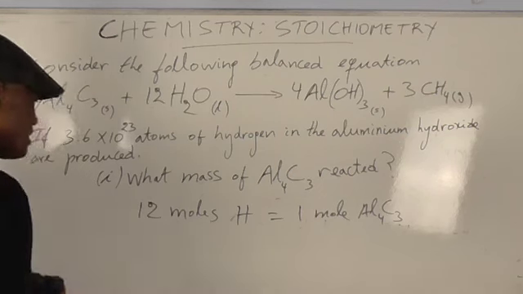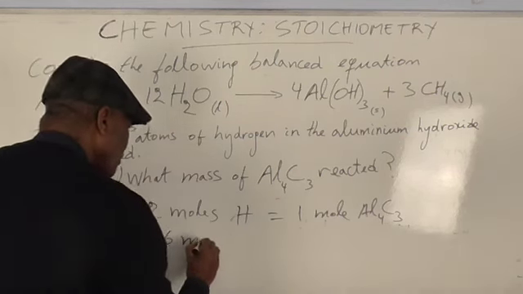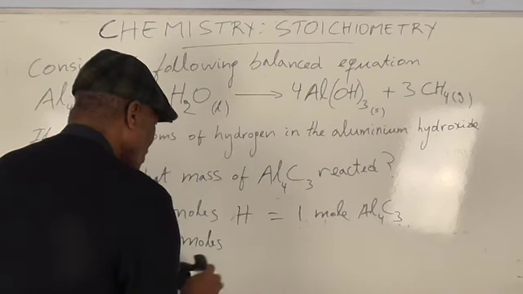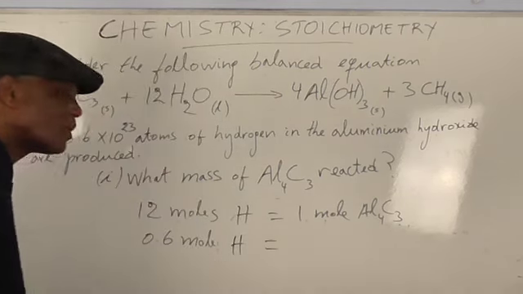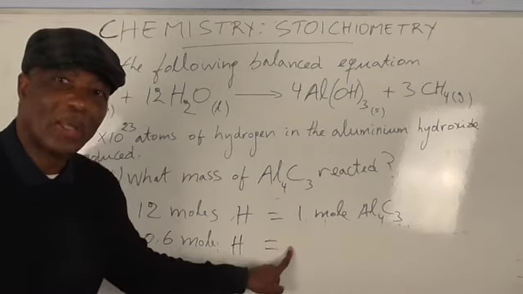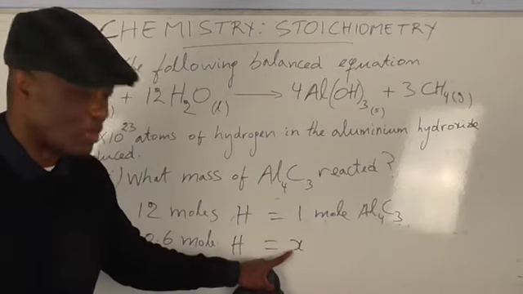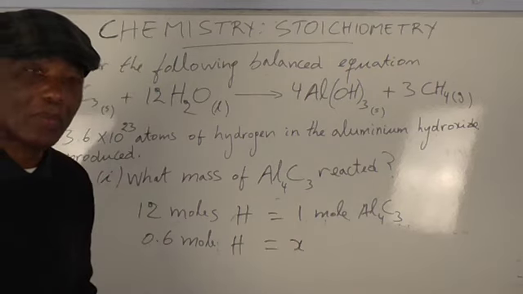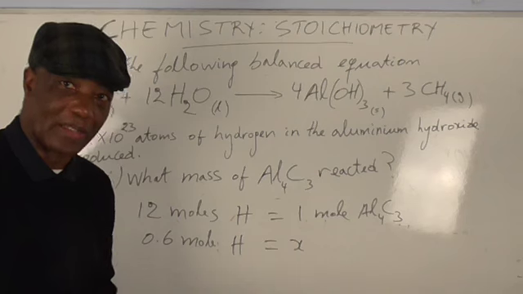That means if we have 0.6 moles of hydrogen here, this will give us X, that we need to find. So X mole of aluminium carbide.